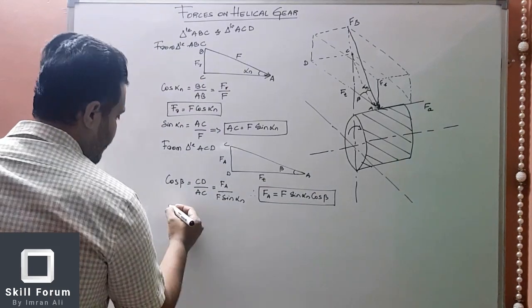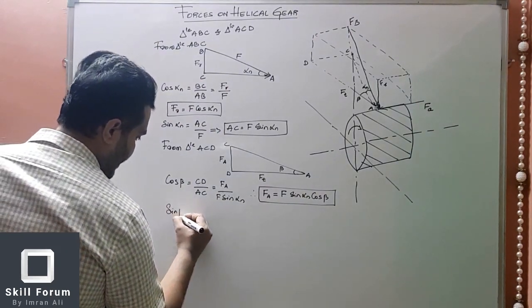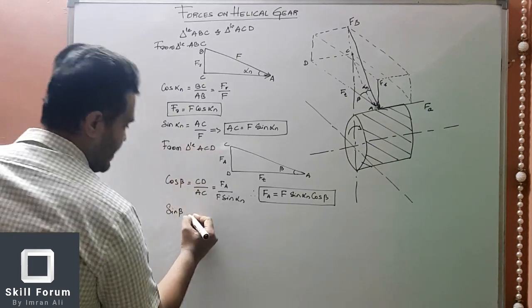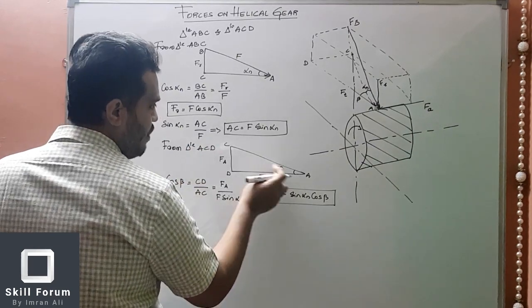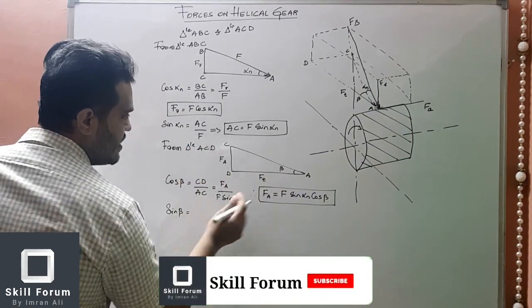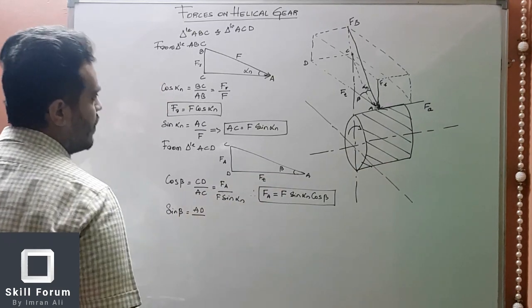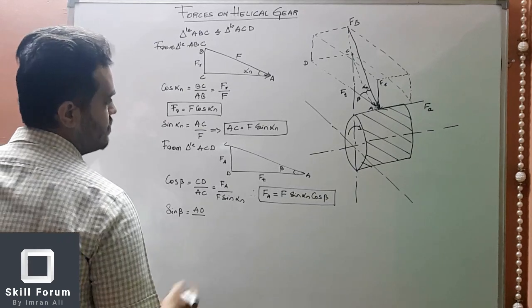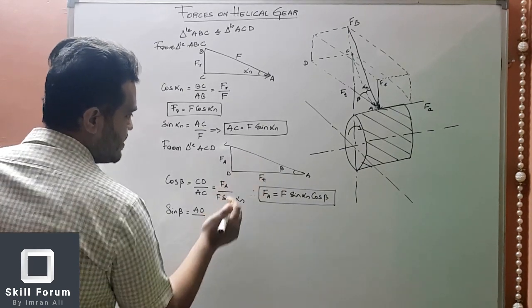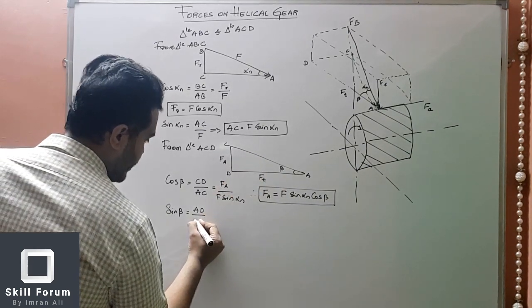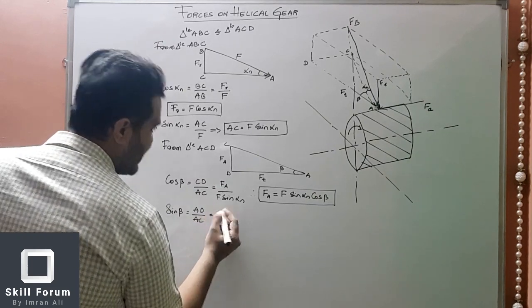So next again we will consider here sin beta from triangle ACD. What is this? Adjacent by hypotenuse, right? What is adjacent here? That is AD by AC, right? Adjacent by hypotenuse, that is AC. What is AD here?